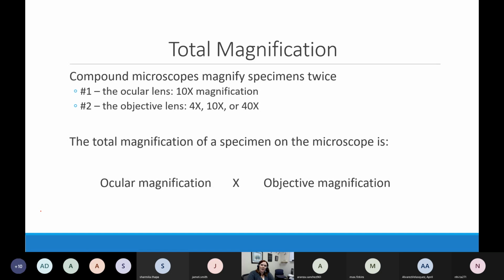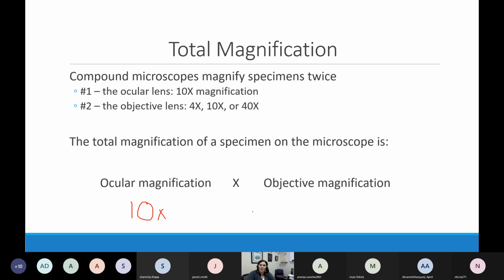When we're trying to figure out how much bigger what we're looking at is compared to its size before we put it on our microscope, we have to multiply how much bigger the ocular makes something by how much bigger the objective makes it. The good news is my oculars always make things 10 times bigger every single time. So the first number is always the same. We're always multiplying by 10.